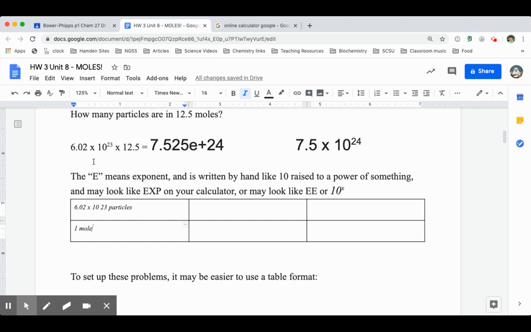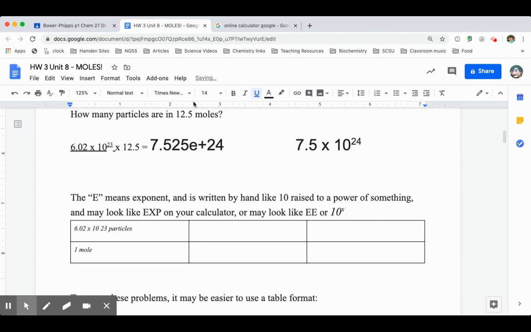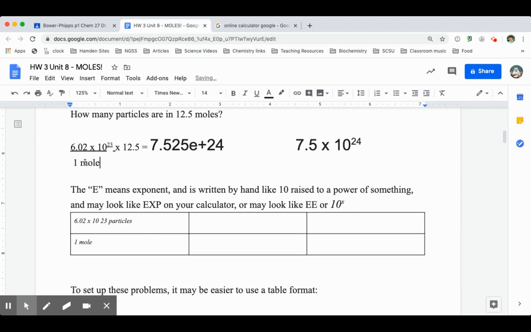So I'm setting this up like a fraction: 6.02 times 10 to the 23rd particles in 1 mole. And I'm multiplying this by 12.5 moles.